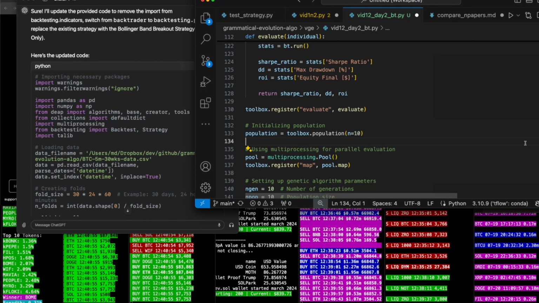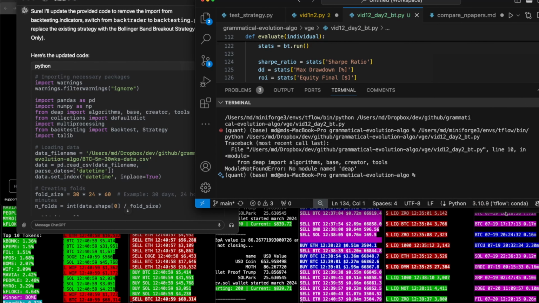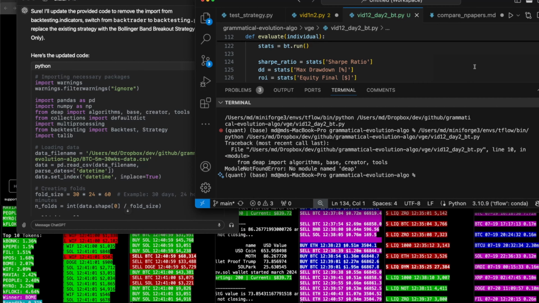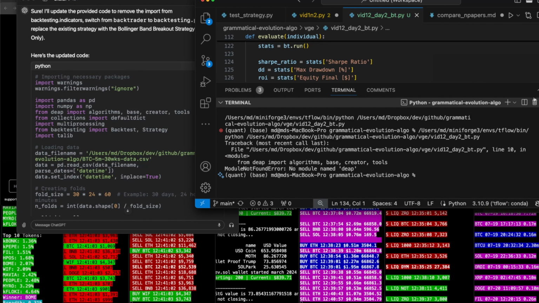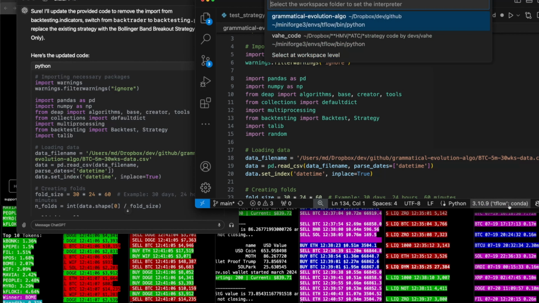Let's go ahead and run it here. No module named deep. How do you not have deep? I was just running this the other day.